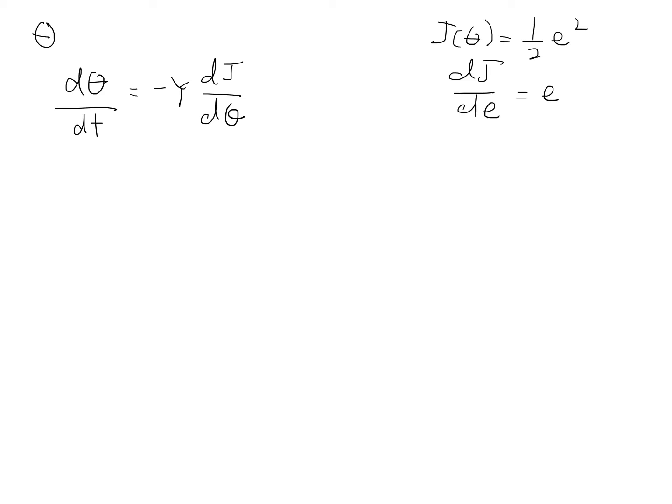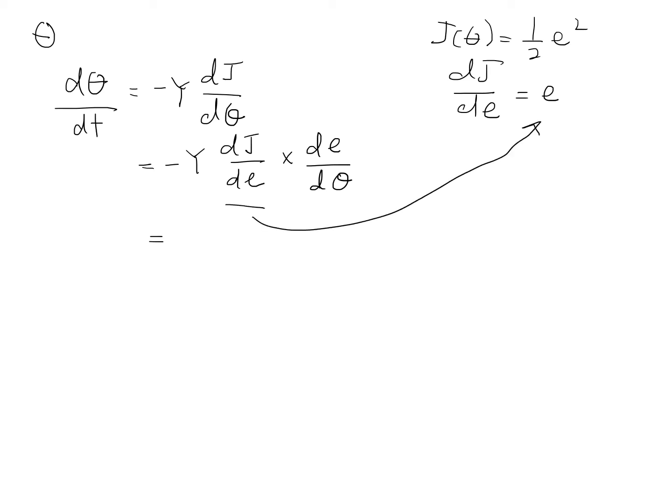So from this equation, negative phi dJ over de times de over d theta, that is negative phi e de over d theta.